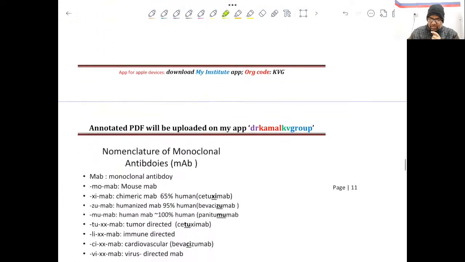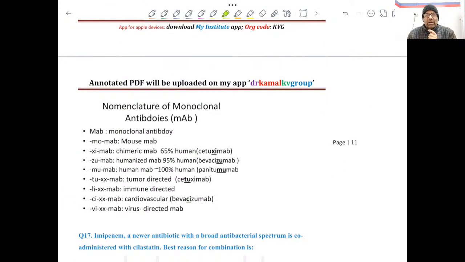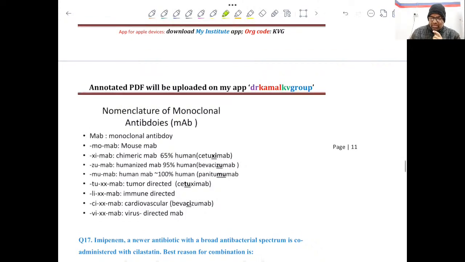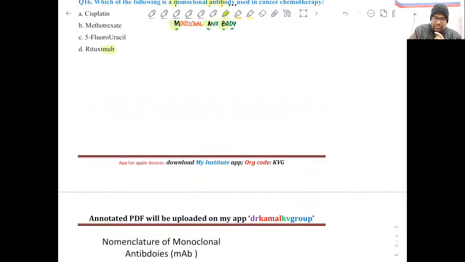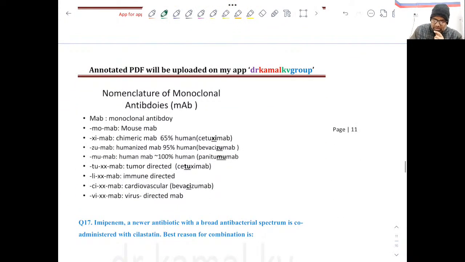Now, the nomenclature of these monoclonal antibodies is very interesting. Many times you will have a particular word like rituximab. So what are you getting here? CI-MAB, right? This is the ending word here. Whenever you get this term, like rituximab, it means the drug is, of course, a monoclonal antibody.